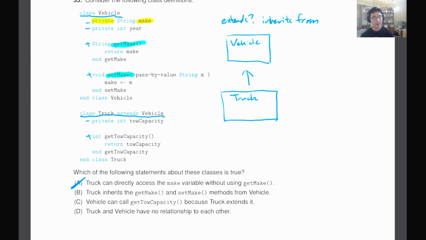And is that true? It is true because the getMake and setMake methods are public, meaning the Truck class inherits those two methods from the Vehicle class, and it can use those two methods. So B is good, but maybe C or D could be better.